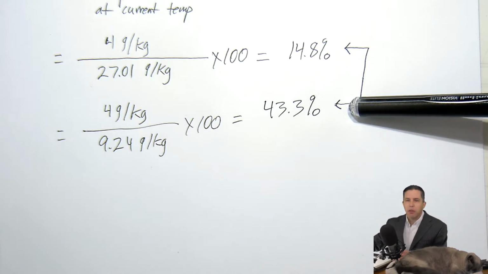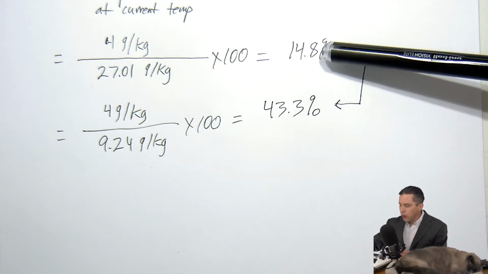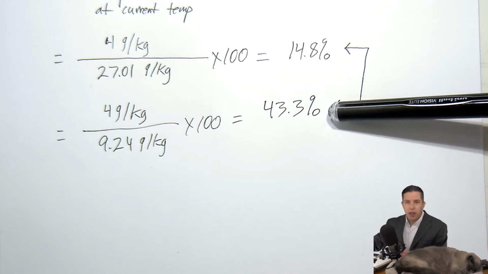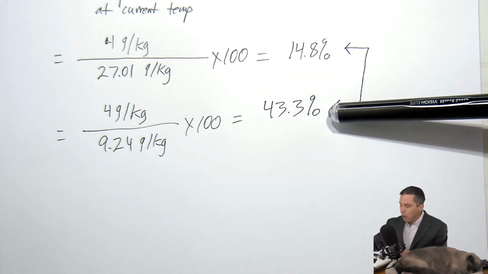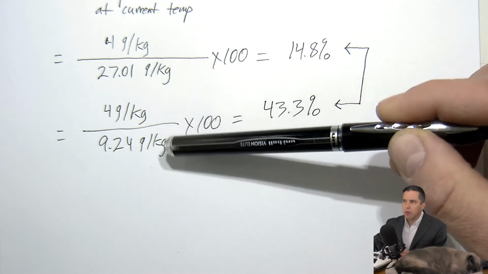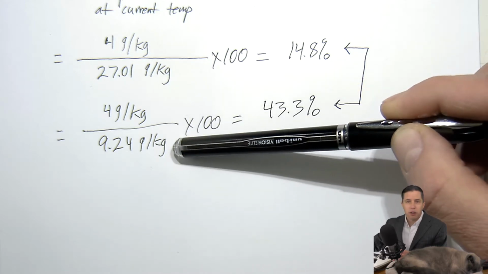This is why relative humidity is so confusing to people. The general public thinks that when relative humidity goes up, the air got more humid and there's more water in the air. But in fact, that's not what happened at all. The amount of water stayed exactly the same. What happened was we went to a colder temperature, and that meant we were dividing by a smaller number, which gave us a bigger answer.